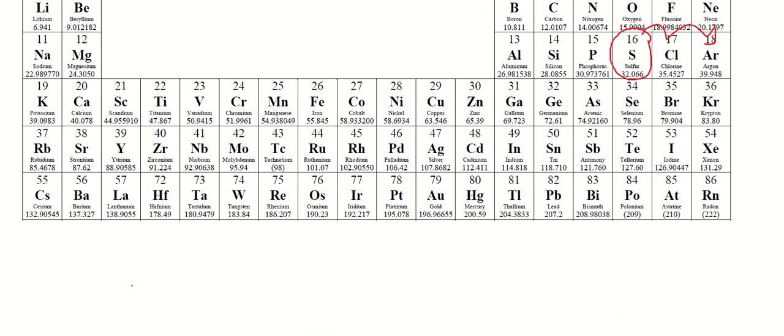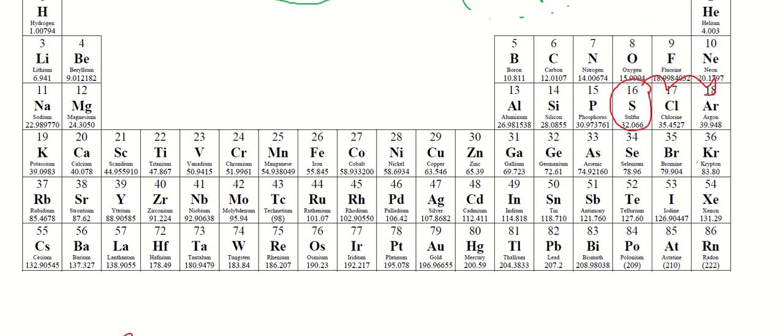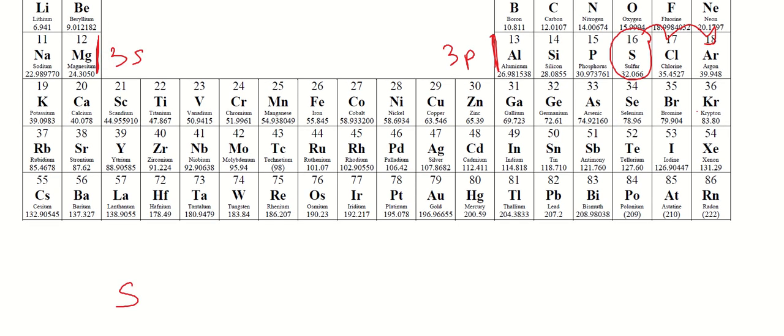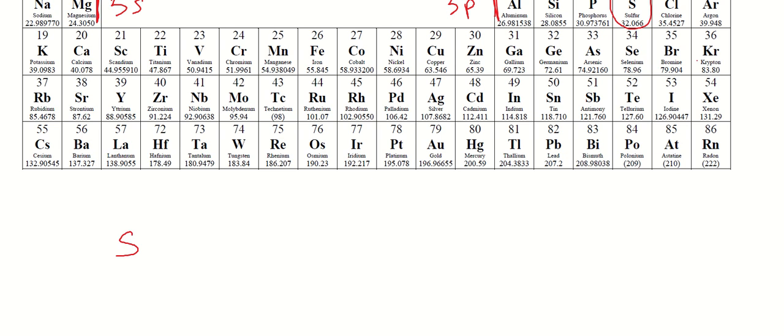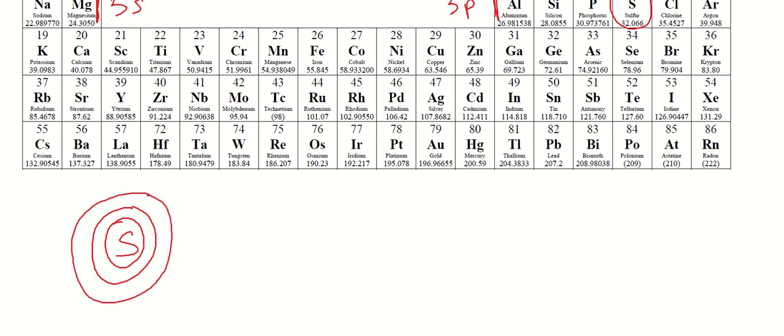All right, so sulfur. Its valence electrons are in n equals 3. This is a 3p section here, and this is a 3s. The s and p's often make up the valence electrons. They're the outermost electrons. So for sulfur, I'm going to draw all the electrons. Its valence electrons are in the third energy level, n equals 3.